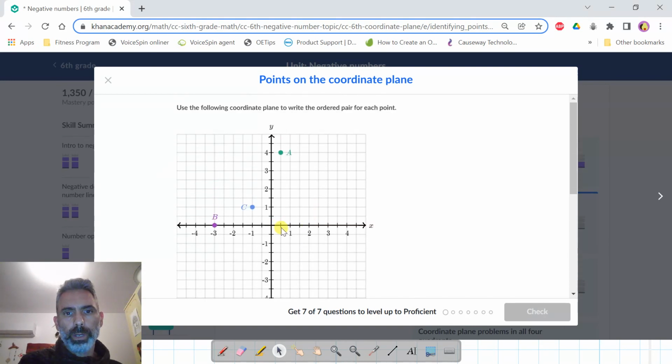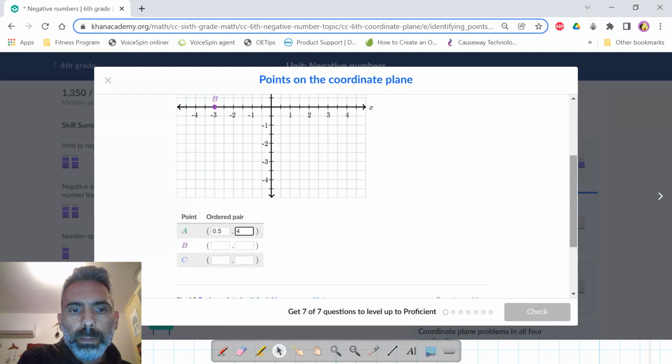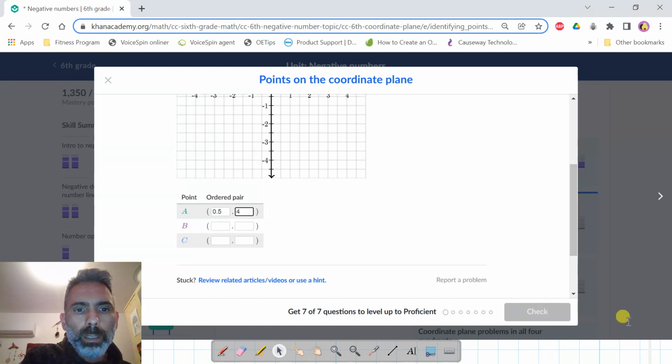This is 0.5 because each hash mark is the distance of half between two whole numbers. So this point here is 0.5 and this point here is 4 on the y-axis. So A is (0.5, 4).